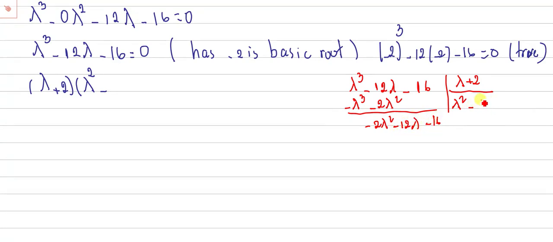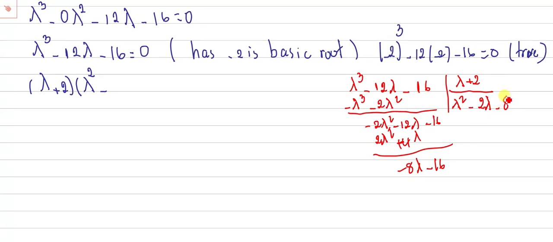So I get 2 lambda minus 2 lambda. And minus 2 lambda is this one 2 lambda square. Minus 4 is plus 4. Lambda is minus 8 lambda minus 16.